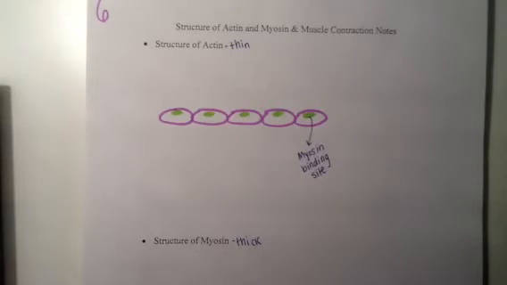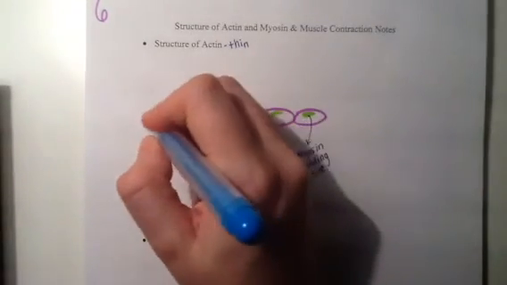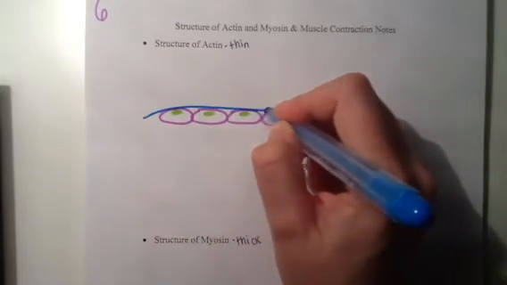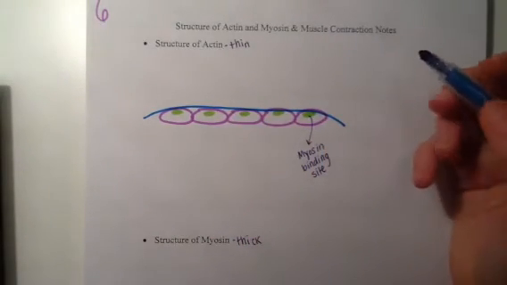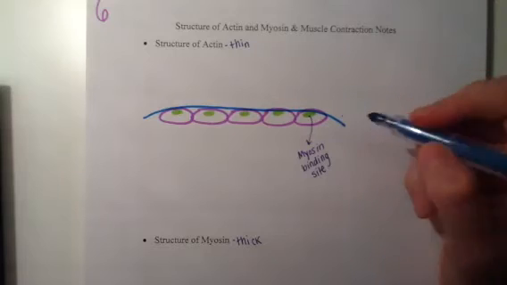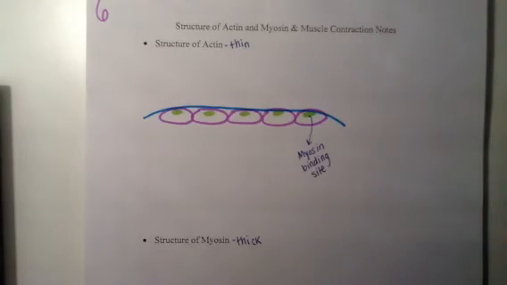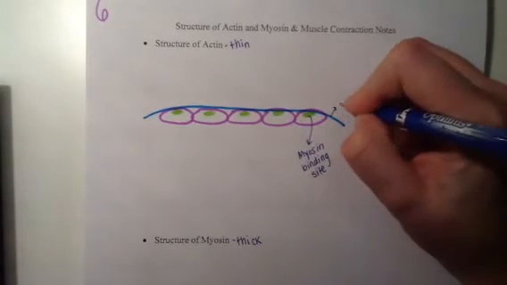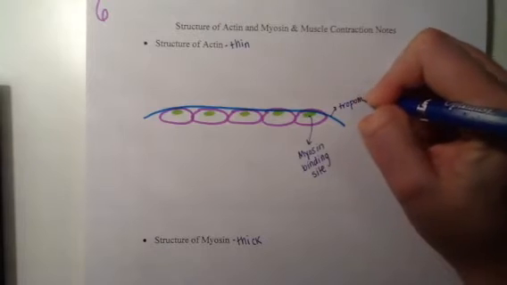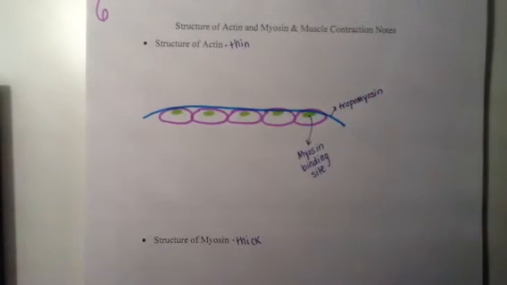The first thing that covers it up is a filament called tropomyosin. So I'm going to cover the myosin binding sites, the green circles, with this blue line. That blue line is called tropomyosin. On the tropomyosin, there's going to be another compound, and that is called troponin. Let me get a color that'll show up. Let's do red.